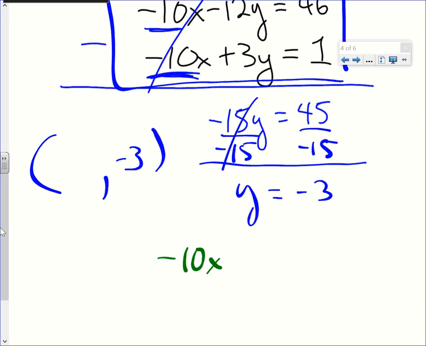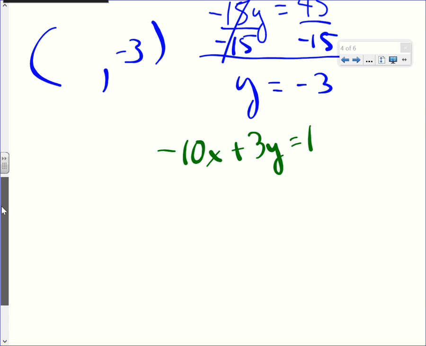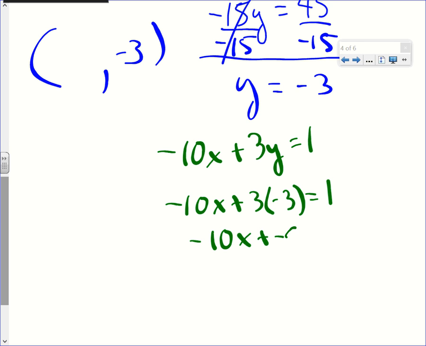Negative 10x plus 3y is 1. Wherever I see y now, I replace it with -3. Negative 10x plus 3 times -3 equals 1. Negative 10x plus -9 equals 1.